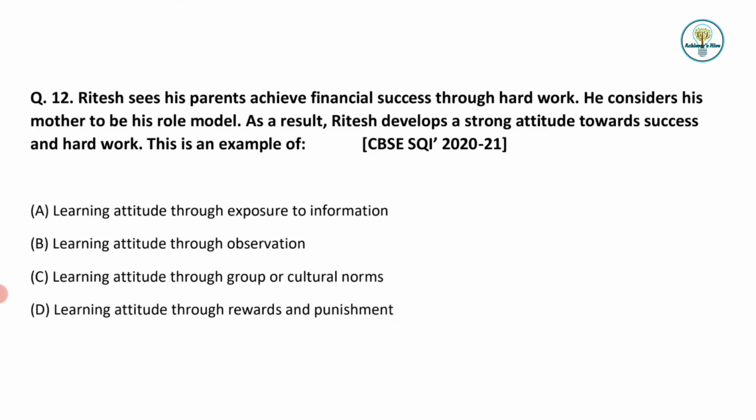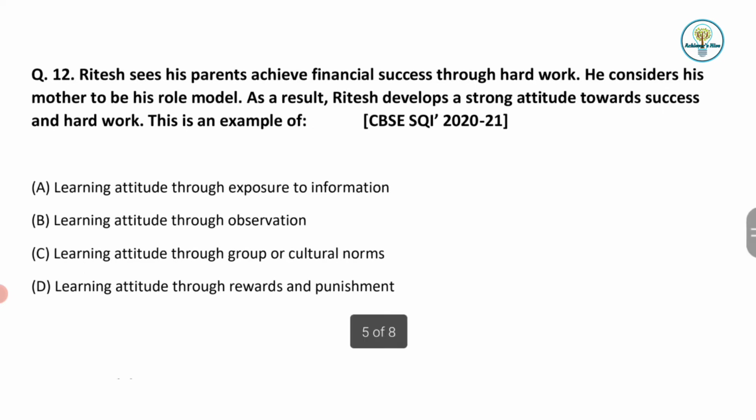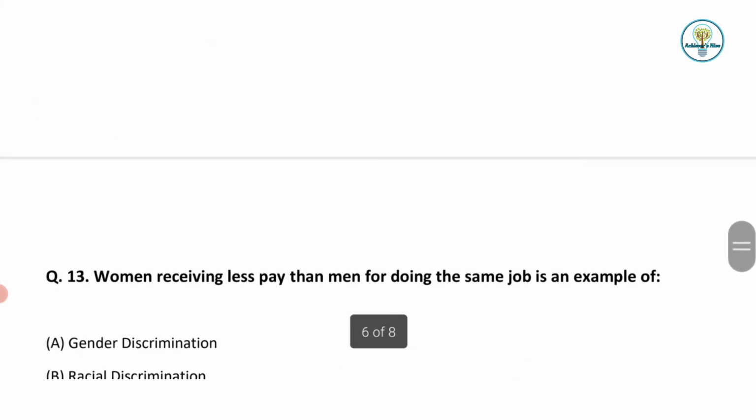Learning attitude through observation. This is the correct answer. We'll discuss later. Learning attitude through group or cultural norms. No, there is nothing like group or cultural norms. Through rewards and punishment. There are no rewards and punishment seen, but yes, he is observing and seeing his parents working hard. So this is the learning attitude through observation. So option B is the correct answer.